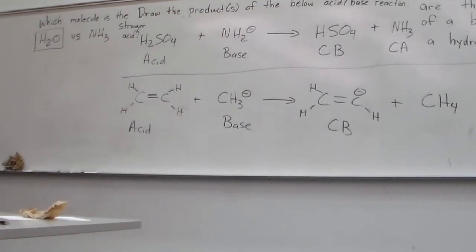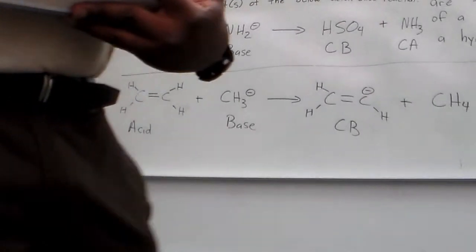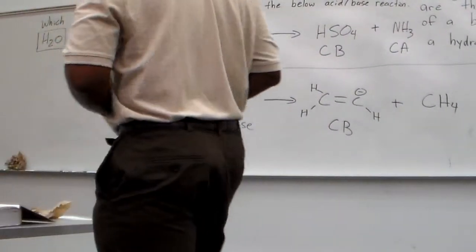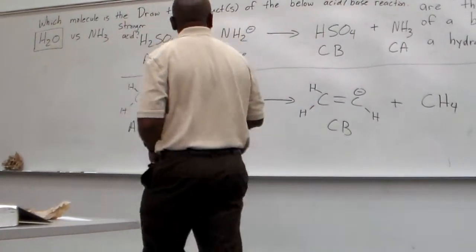Now, this video also relates back to those handy-dandy periodic tables. It turns out the strength of acids increases from left to right. So trends determine the strength of acids. There are going to be 5 rules.